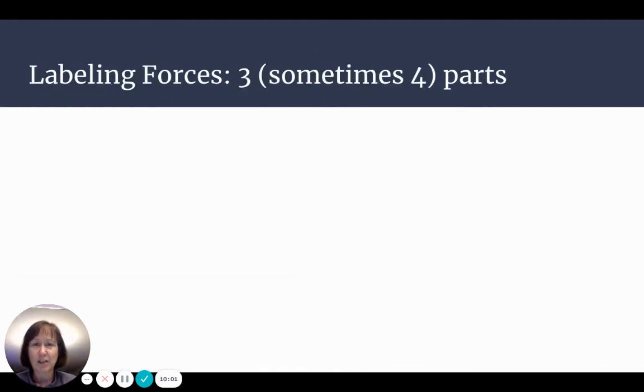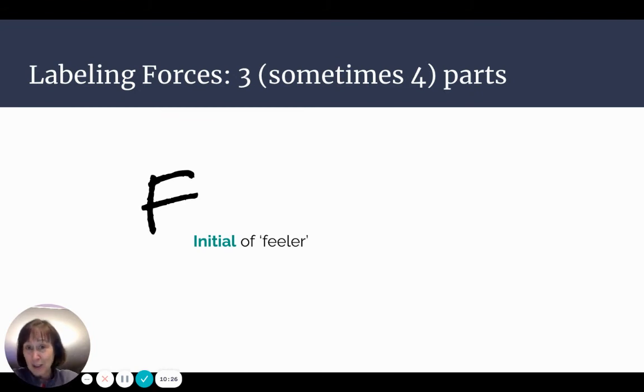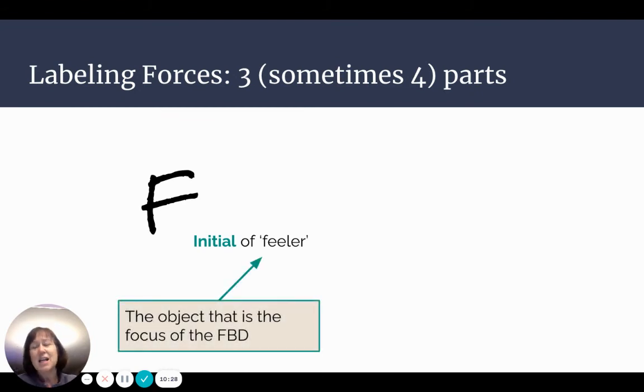So, labeling forces. I'm going to go through this in detail. I kind of alluded to it in the last video. There are 3, sometimes 4 parts, but there's a minimum of 3 parts. The first one is you must have an F. It's not optional. The second one is the initial of the feeler, and this is the object that is the focus of the free body diagram.